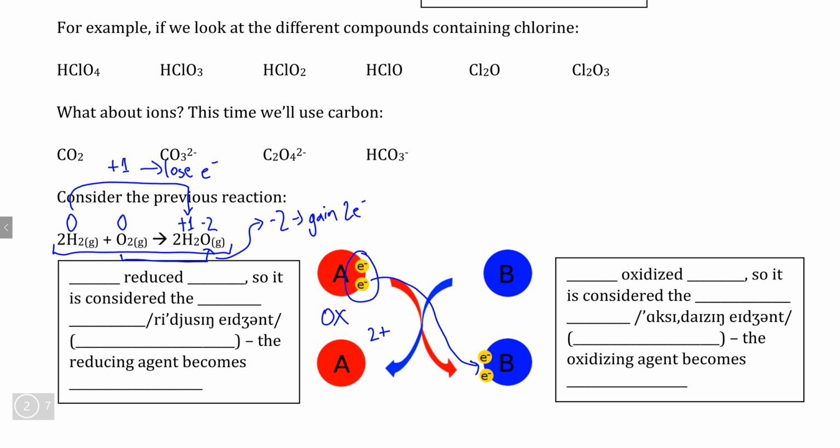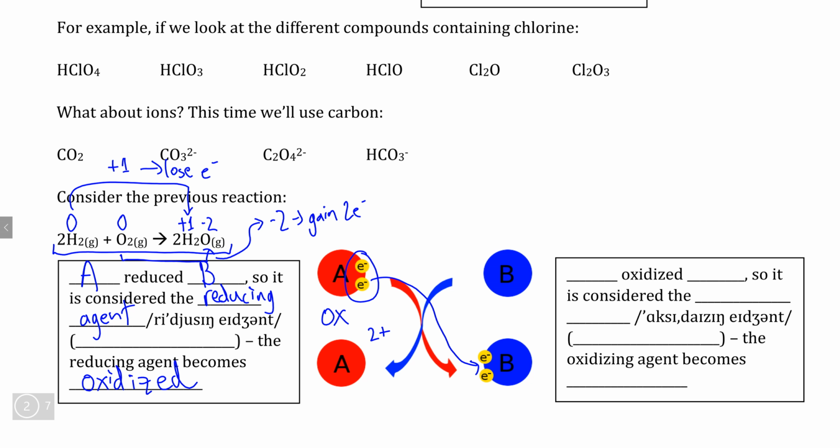So we can say in this case that A reduced B, and that A is therefore what we consider to be the reducing agent, which again is the chemical that causes the other chemical to undergo a reduction, meaning that the reducing agent is the one that actually does the oxidizing reaction and therefore becomes oxidized.